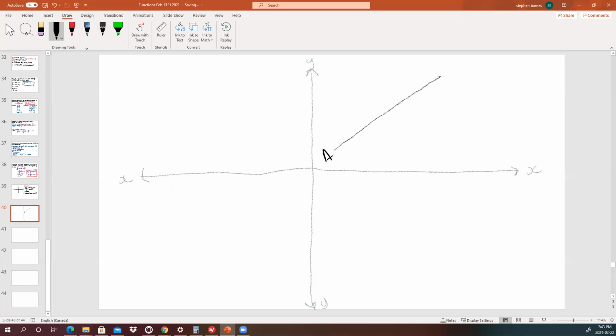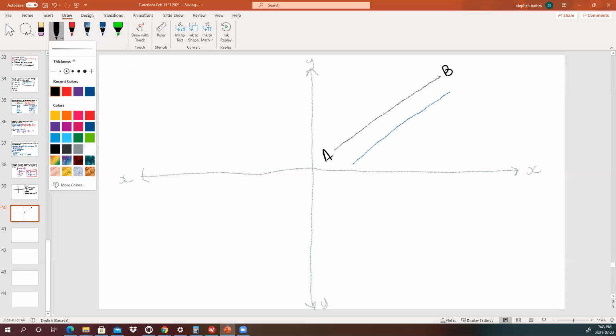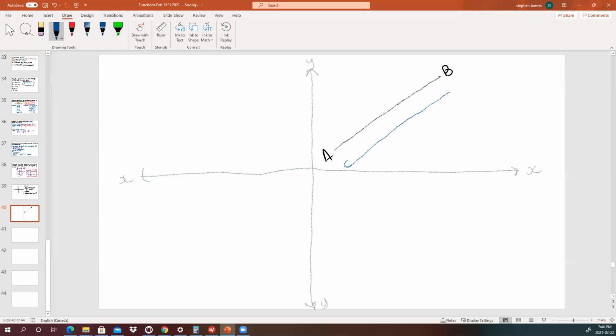This line, we're going to name it AB, right? So let's say we have this line AB on our Cartesian plane, and we also have an additional line that I'm going to draw. Just assume that it is straight, right? I'm going to call this line CD.